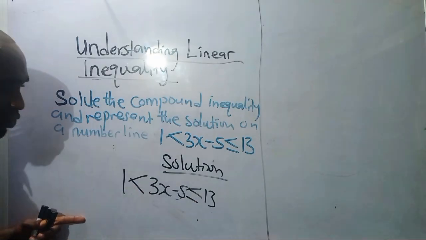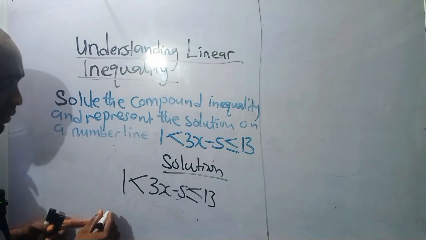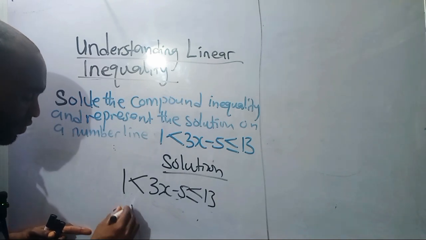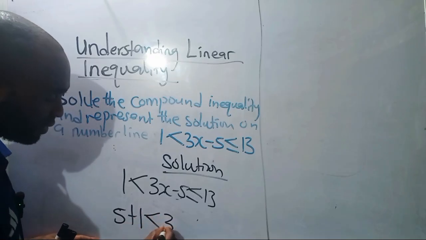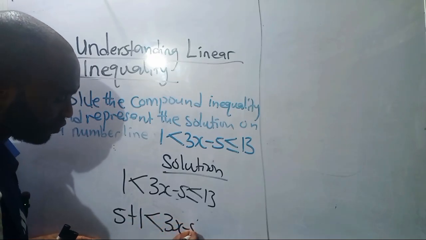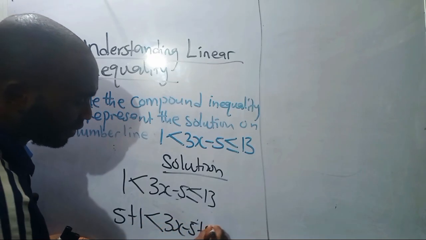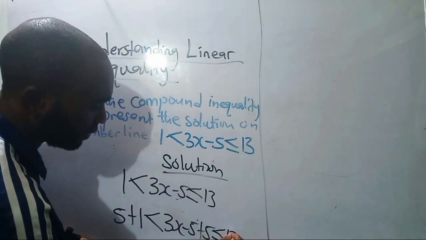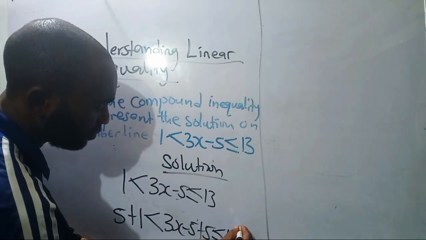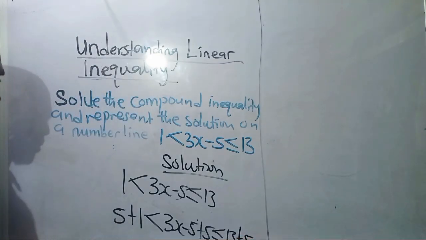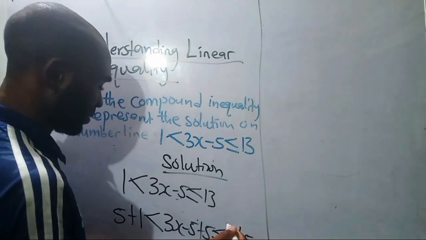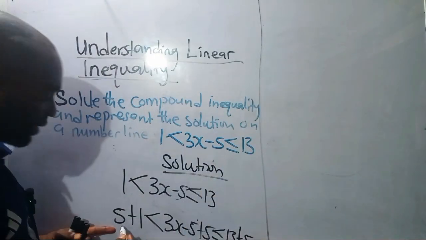So let's do that by saying 5 plus 1 is less than 3x minus 5 plus 5, less than or equal to 13 plus 5.